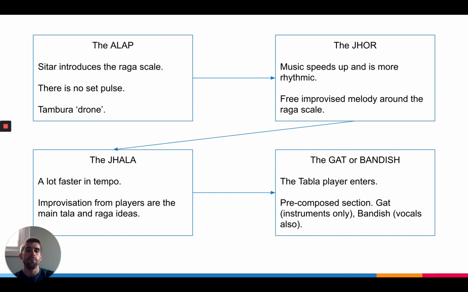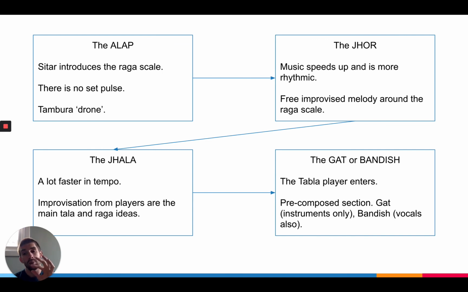Okay. And the fourth and final section is what we call the gat or the bandish. Now, it's called a gat if it's only instruments, and it's called a bandish if there are vocals as well. Okay? So gat, instruments only, bandish when there are vocals. Now, this is a pre-composed section.